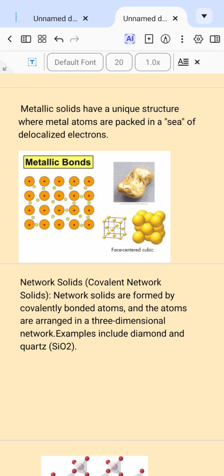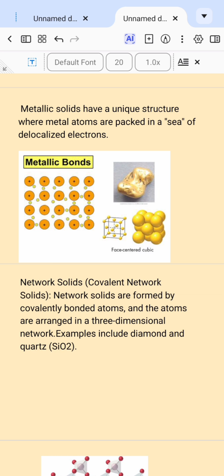Diamond contains carbon. I think I've described this earlier, where I described that diamond is made up of carbon to carbon bonding, which are covalently bonded together. One carbon is covalently bonded with four other carbon atoms, resulting in a network. And one of the reasons why diamond is hard is because of the covalent bonding.